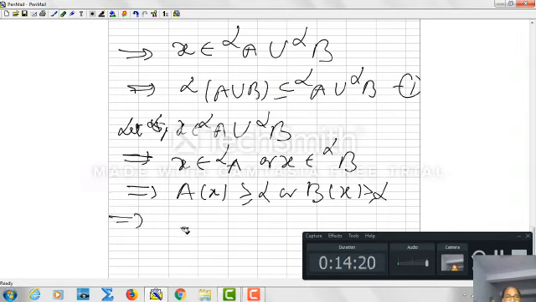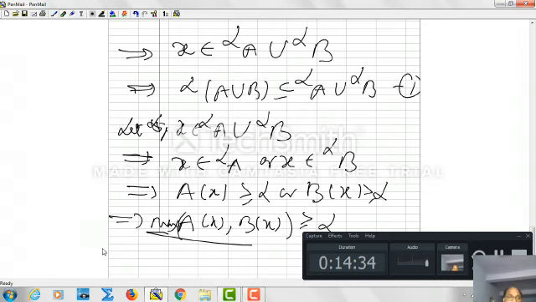So again, by definition, the maximum of A(x), B(x) is greater than or equal to alpha. Again, by this definition, this is (A union B)(x).